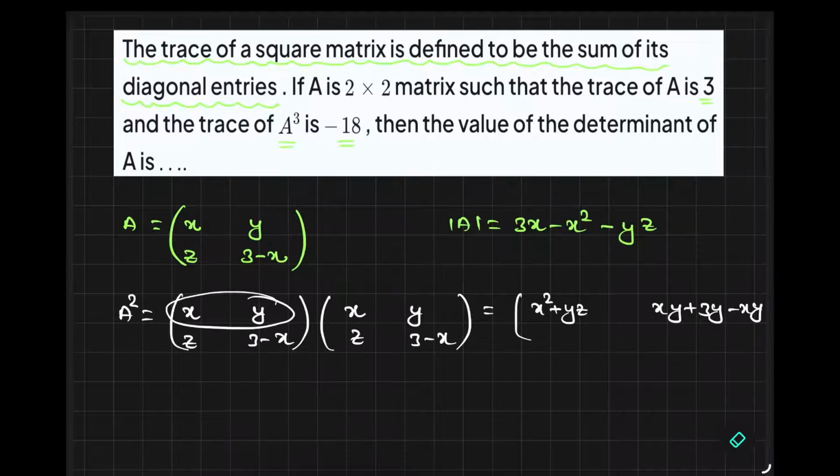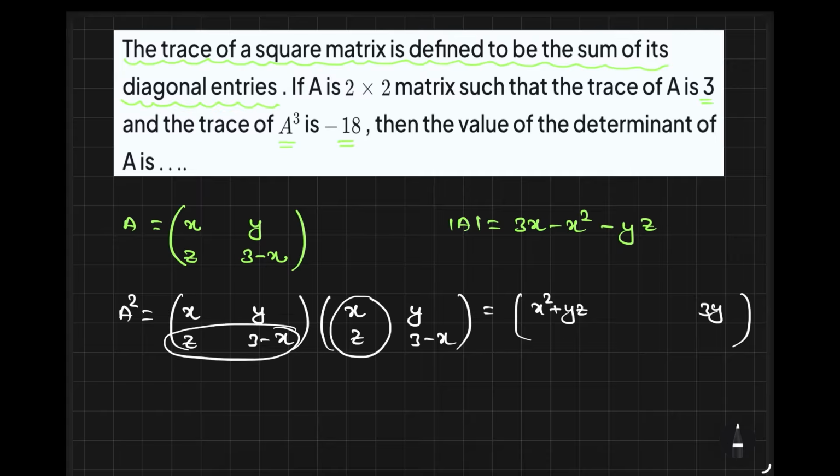Now this xy is gone, so I will erase it. To get this element, we will multiply this with this. So it is xz and then plus 3z minus xz. This xz is gone, so we are left with 3z.